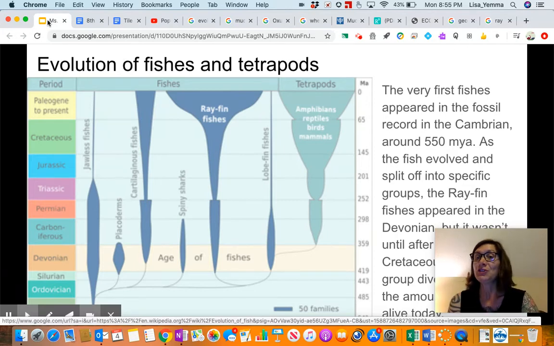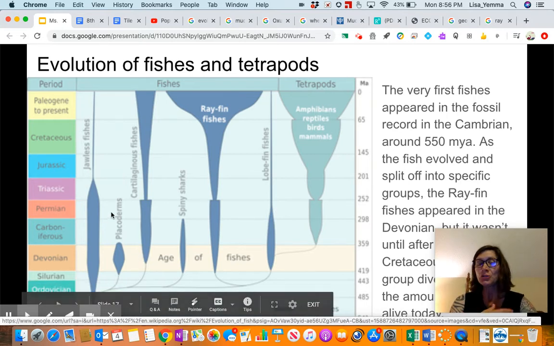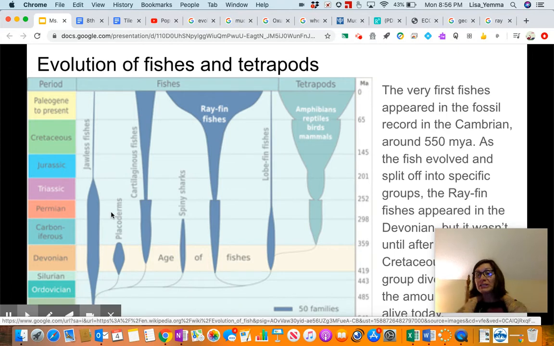So the very first fishes appeared in the fossil record in the Cambrian. So I look down here, and this down with the jawless fish. So these are things that don't really look like our traditional fish, but they appeared in the Cambrian. And you'll notice as the geologic time went on, and we're getting younger and younger, you see all that breaking off branches. That's diversity.